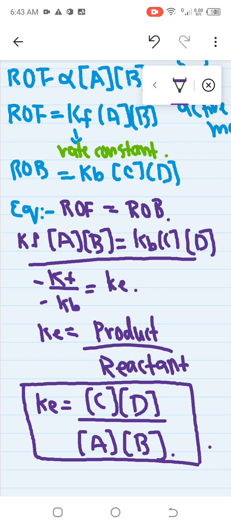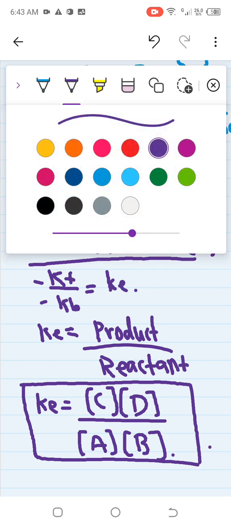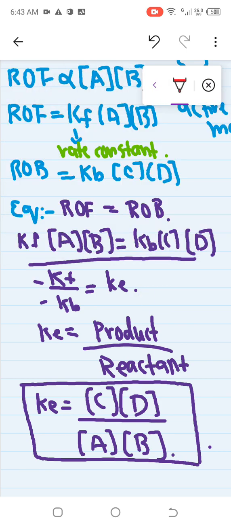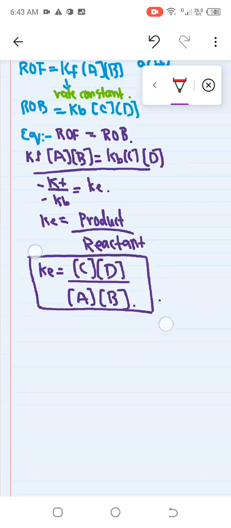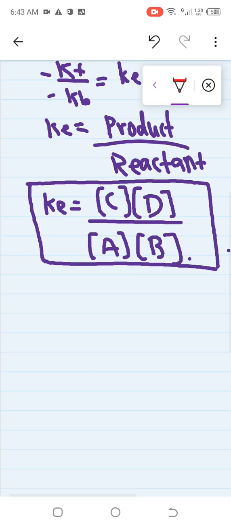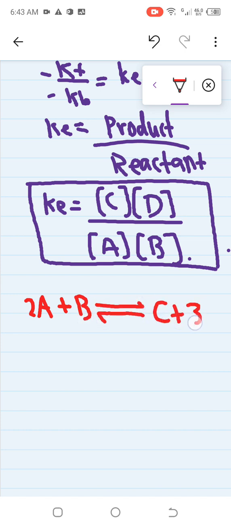Now let's go with one example. Suppose I have 2A plus B gives C plus 3D. Now suppose you are asked to write this in the equilibrium or law of mass action equation.